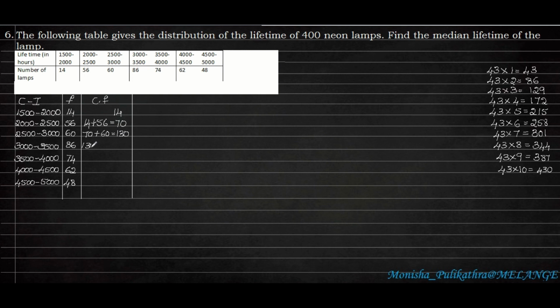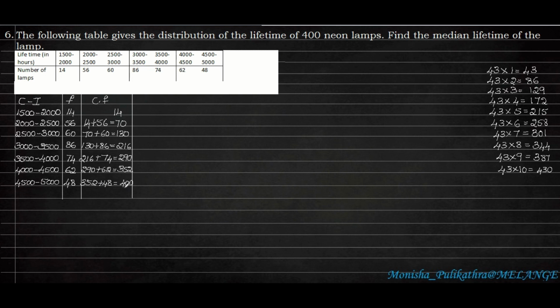Next is 130 plus 86 is equal to 216. Next, 216 plus 74 is equal to 290. Next, 290 plus 62 is equal to 352. Next is 352 plus 48 is equal to 400.